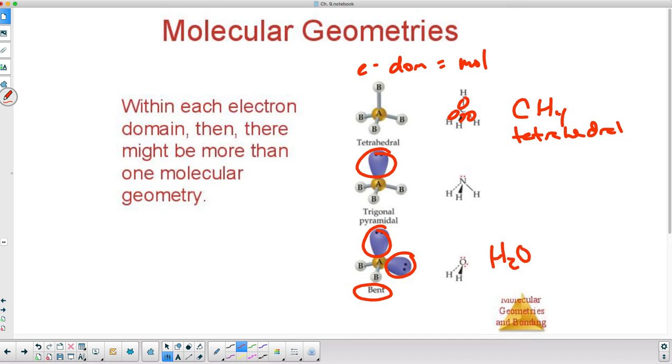That's why we always draw oxygen and hydrogen in water to look like this, and never do we draw it to look like this, because it doesn't look like that. It looks more like this, where we have non-bonding pairs like that. So this helps us figure out what the shapes of the molecules actually are, but we don't actually see the non-bonding pairs. All we see are the hydrogens at a weird angle.